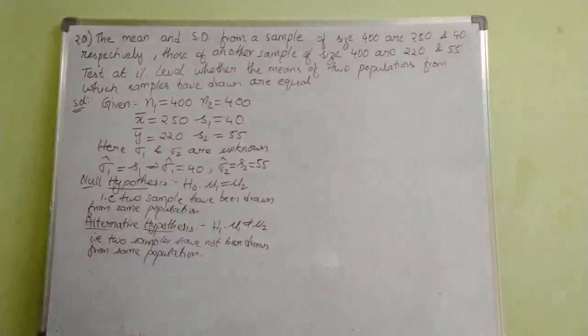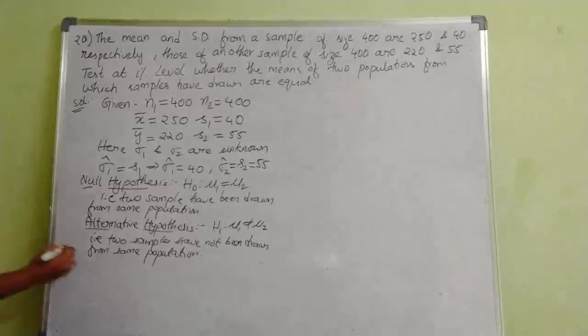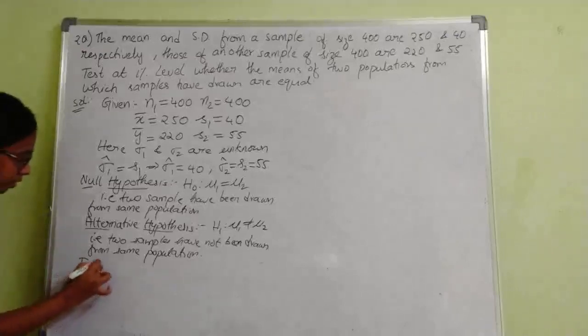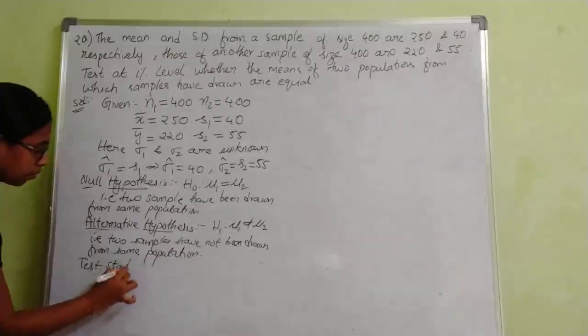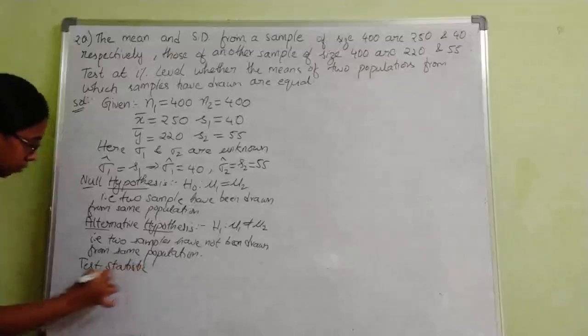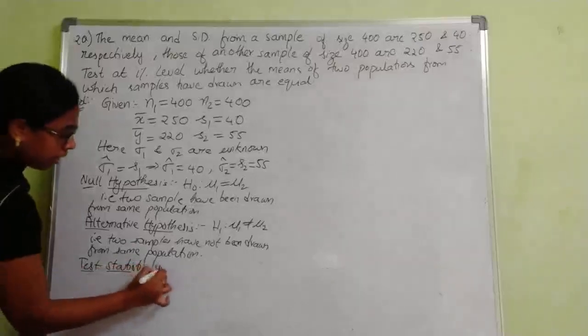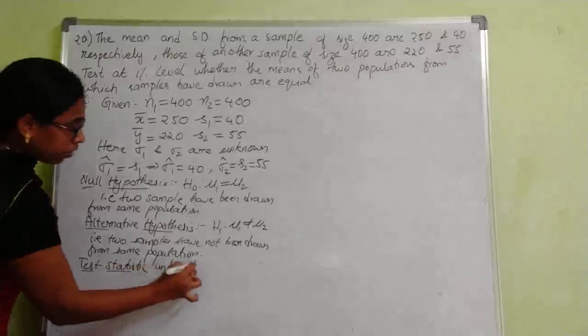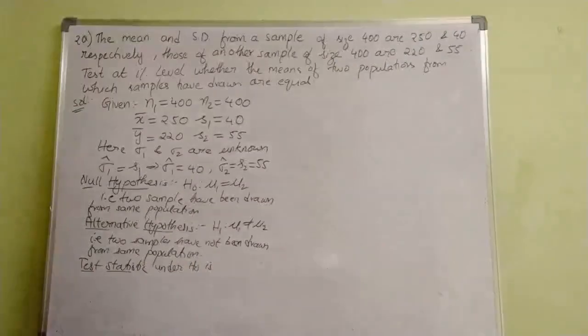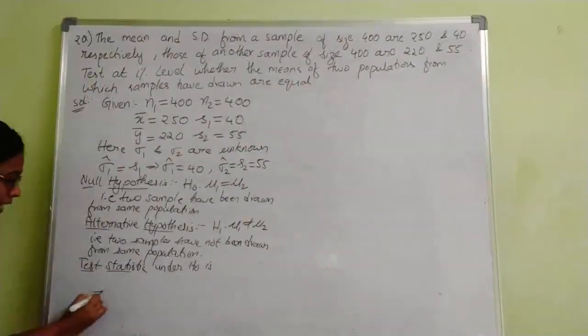In the next step, we have to write our test statistic under H naught. Here both sigma 1 square and sigma 2 square are unknown. So how will you write the test statistic?